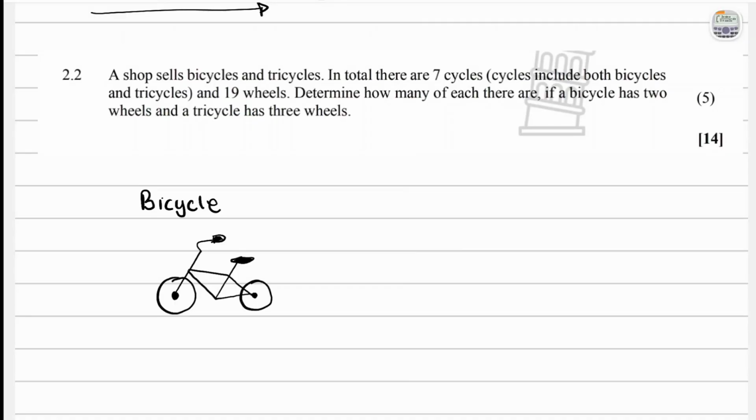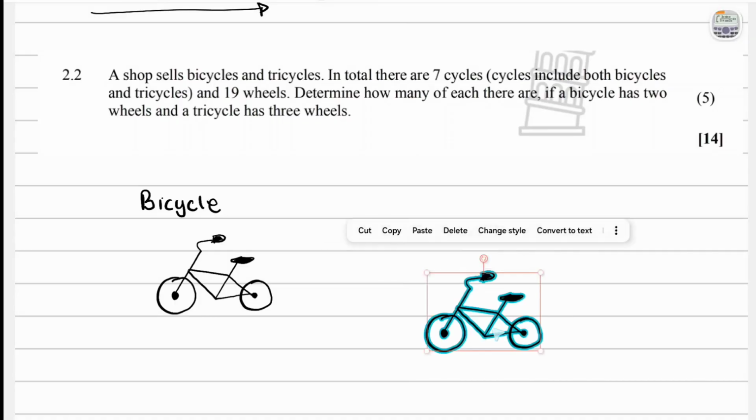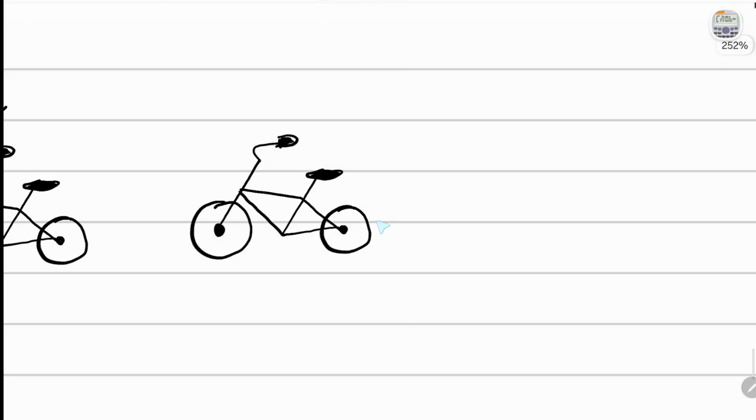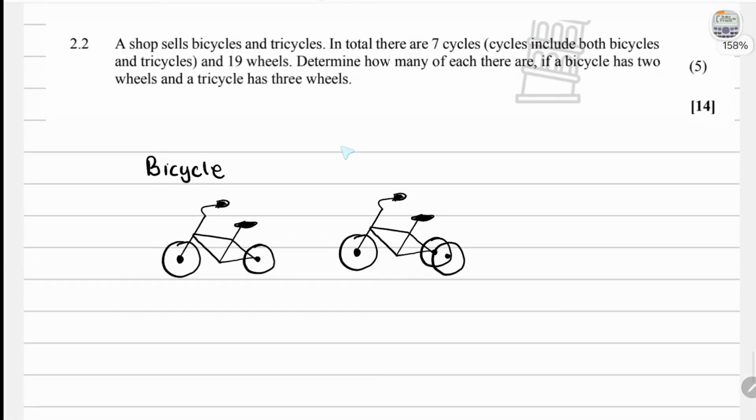However, we know they add up to 7. So we would also have a tricycle. I would just have to add an extra wheel here. So this would symbolize a tricycle. Okay. So when you add them up together, they should give you 7. So in total, we've got 7 of these.